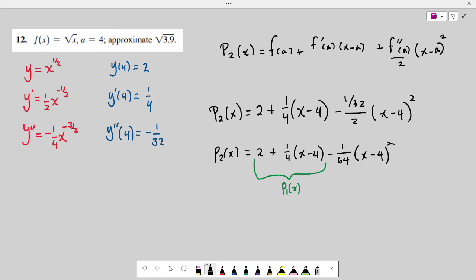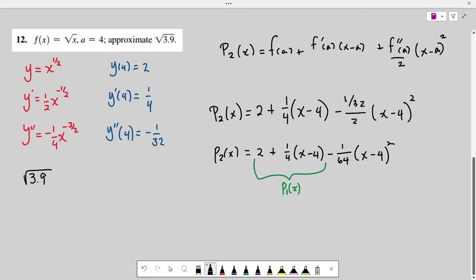Would it be possible if the function would be like x squared plus 3x? Would we put the x into both? Yeah, if the original function was x squared plus 3x, then it has to go into both, anywhere there's an x. So what is the x that we're going to plug in? If we want to approximate the square root of 3.9, 3.9 is x.